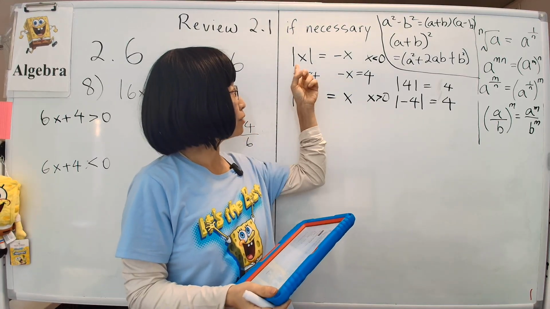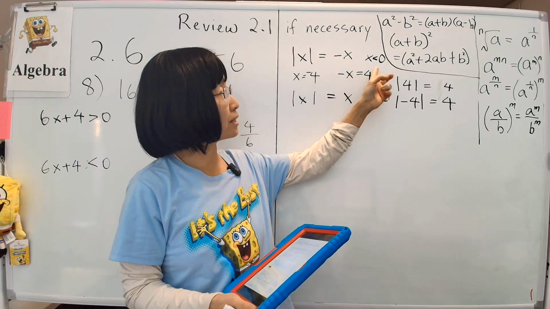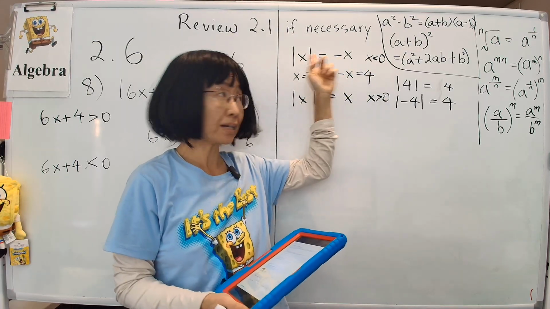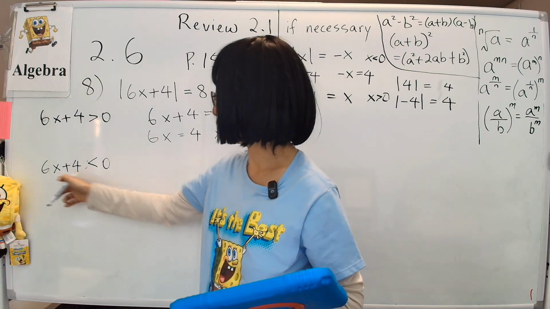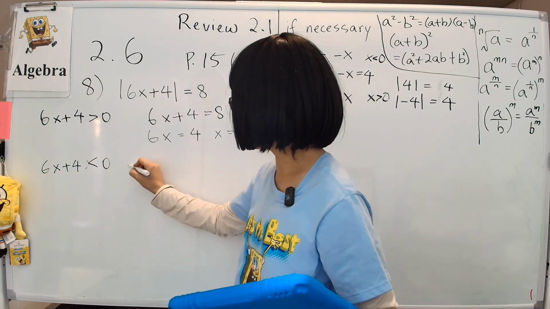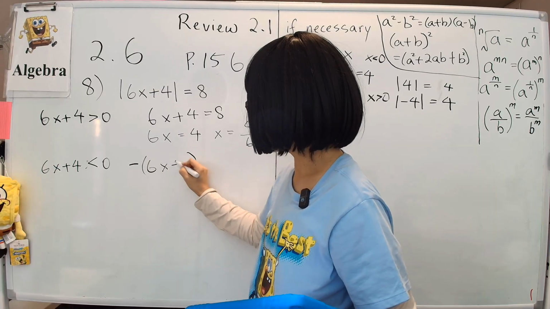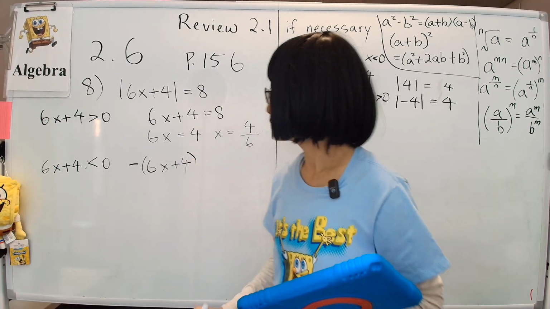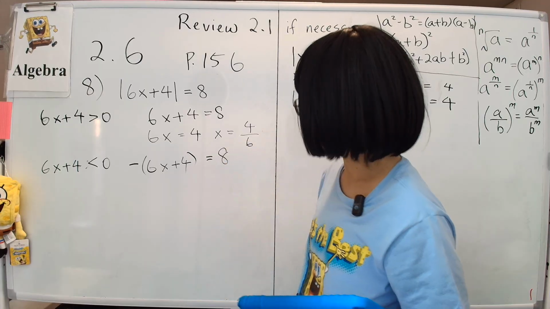The absolute value of x equals negative x if the value inside the absolute value is less than 0. So assuming this whole thing is less than 0, we have to put a negative sign in front of the entire 6x plus 4, and that equals 8.